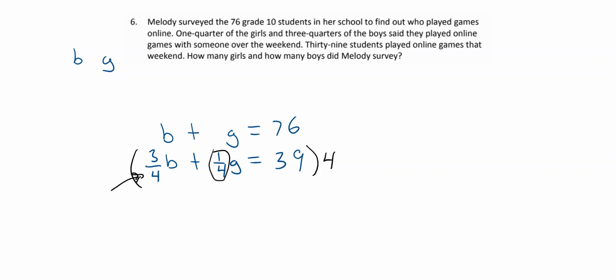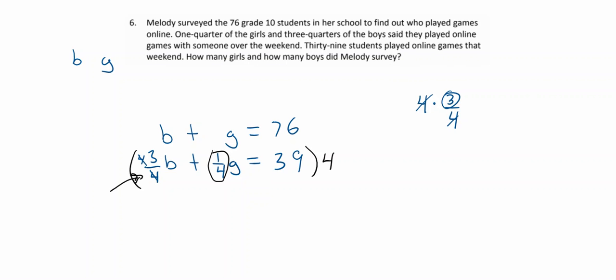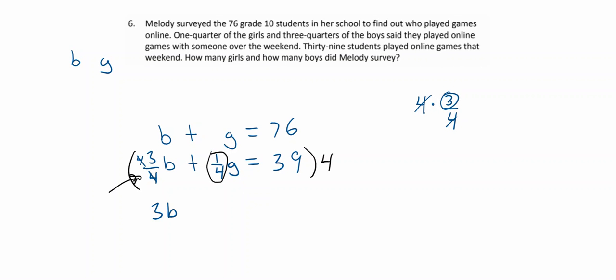So now, 4 times 3/4. If you need to write that out, just write it out somewhere else. 4 times 3 is 12/4, which is 3. Or you could just cancel the 4's and see that it's 3. So the 4's cancel and that's just 3B.